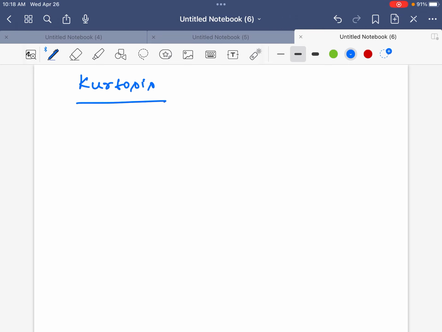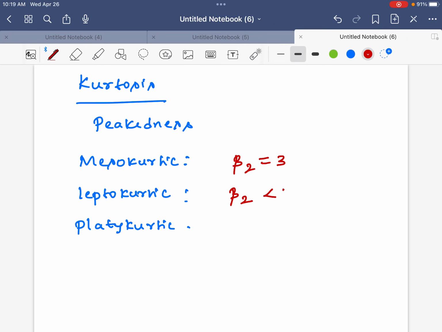We say the curve is mesokurtic if the measure which we take as beta 2 is exactly equal to 3. For leptokurtic, beta 2 value is greater than 3. And platykurtic if the value of beta 2 is less than 3.